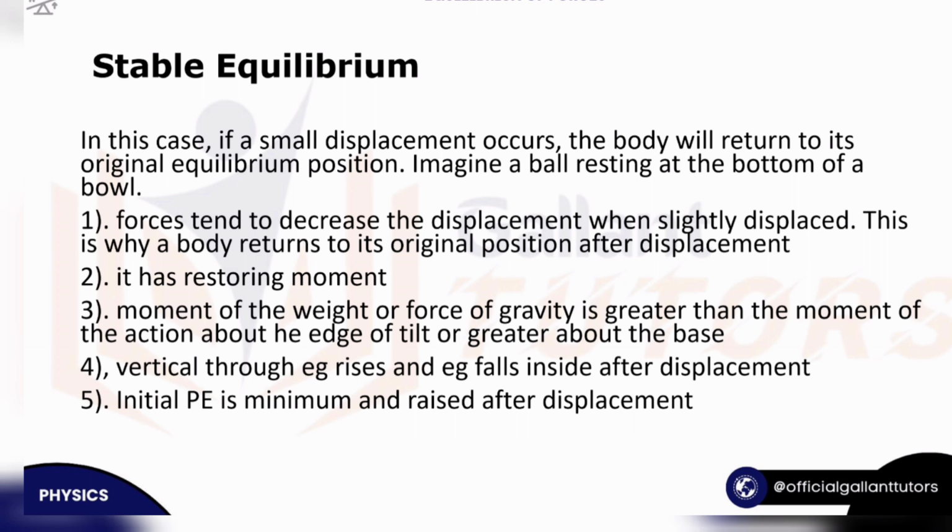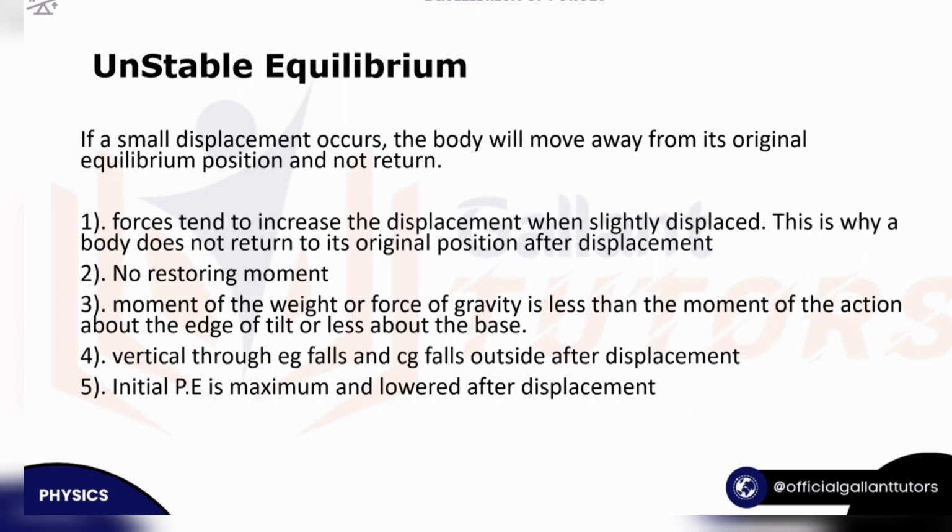Okay, now unstable equilibrium. What do you understand by unstable equilibrium? If a small displacement occurs, the body will move away from its original position and not return. That's what unstable equilibrium is all about. You just have to apply logic here.